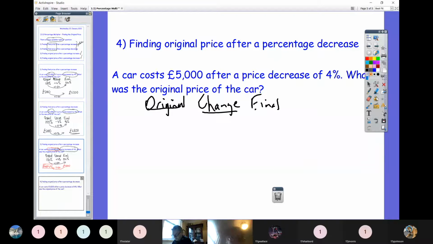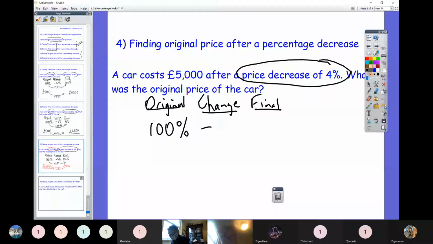In every one of these 4 types, you have 100 there. Don't worry about the 5,000 yet. This question is a price decrease of 4%, so you're taking away 4%. 100% take away 4% is 96%. So that's a multiplier of 0.96.